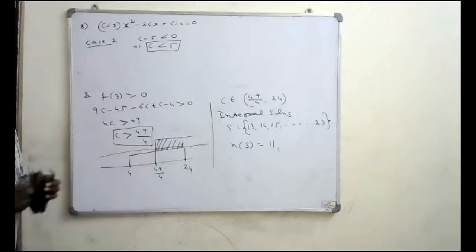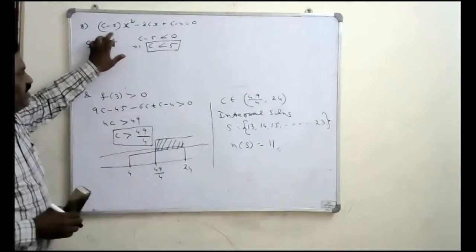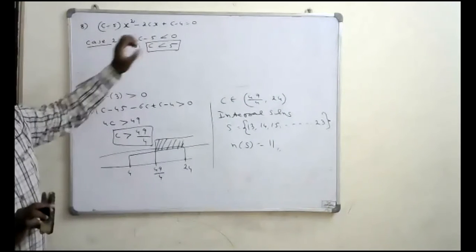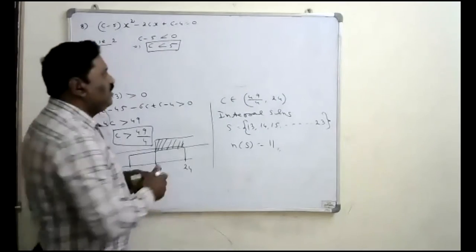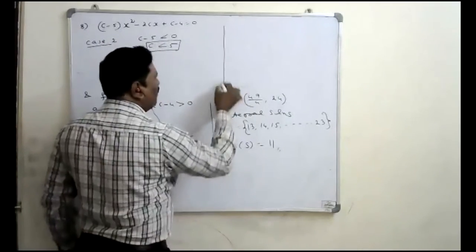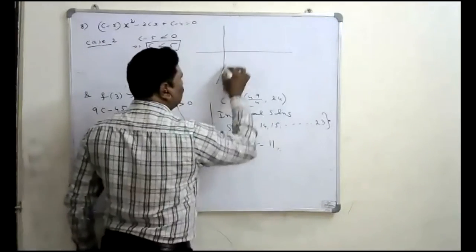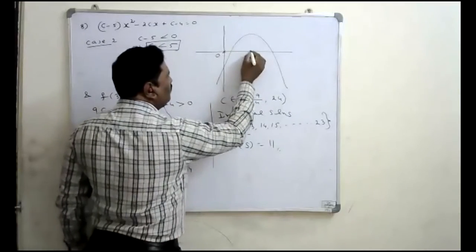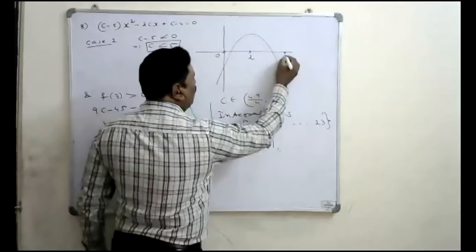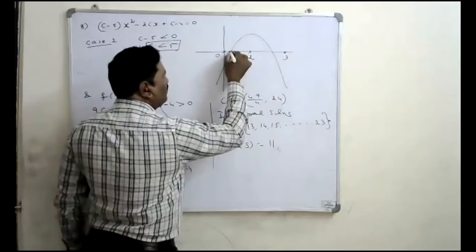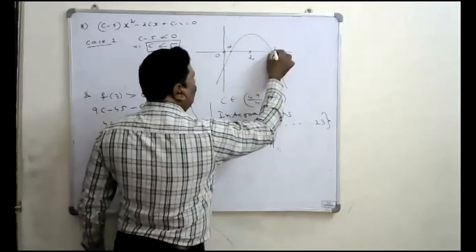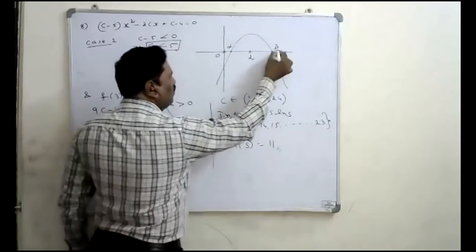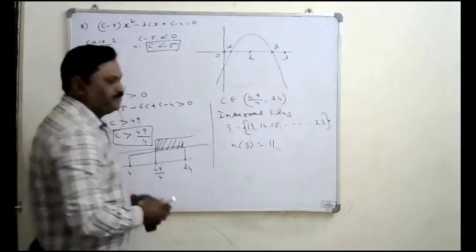Since the coefficient of x square is negative, this expression will have a maximum. In certain cases, the graph of that particular function might be like this. They are saying that one root lies between 0 and 2, and the other root lies between 2 and 3, that is, alpha lies between 0 and 2, and beta lies between 2 and 3.